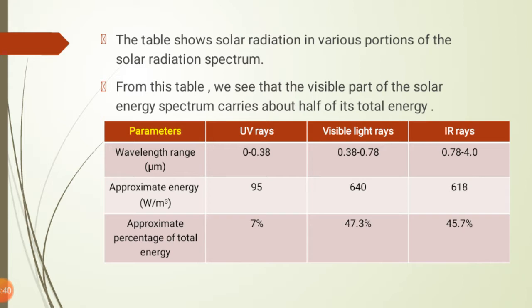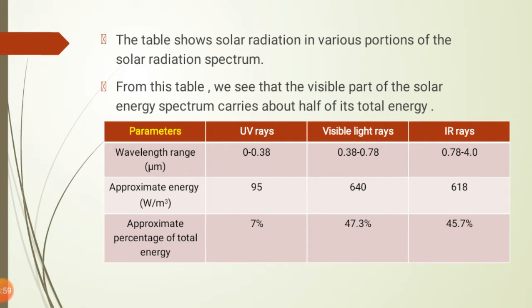From this table we see that the visible part of the solar energy spectrum carries about half of its total energy. As we see in the table, the maximum part of the solar radiation spectrum is the visible light, which is also shown in the graph.